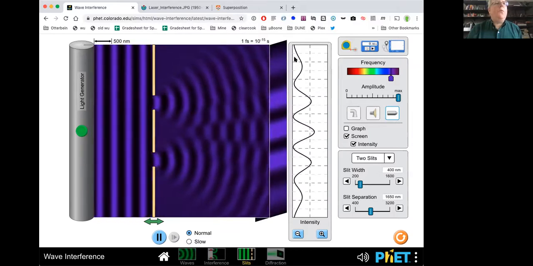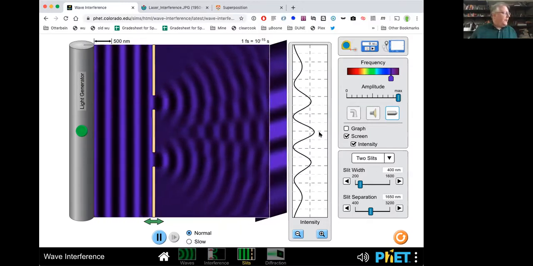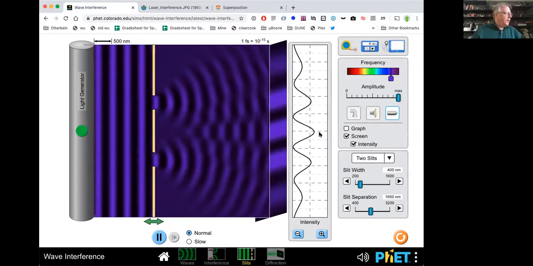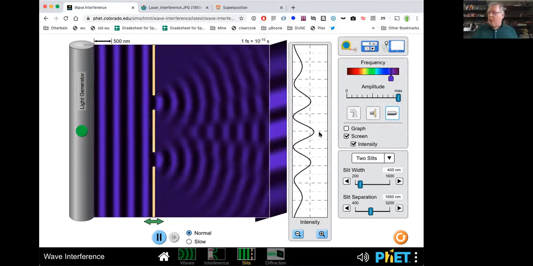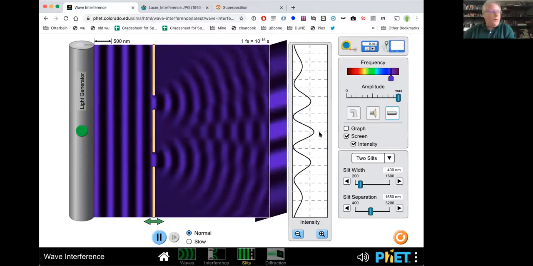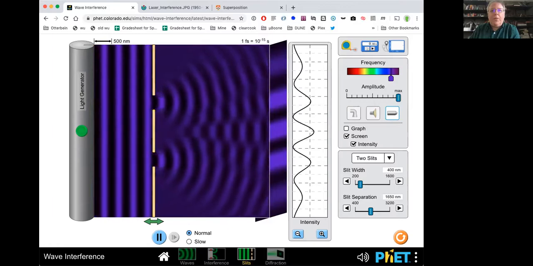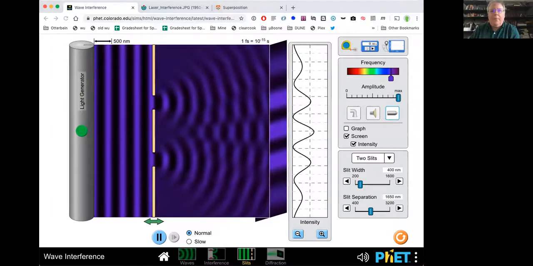Right, so you can see there's more than just 3 bumps. There's a bunch of bumps. So this actually happens in real life, and I'll show you an example of this in a second. But what we want to work out is where are those light and dark patches going to be if I have 2 slits? So for that, we can just do a little bit of math, a little bit of geometry. It's not even very complicated math.